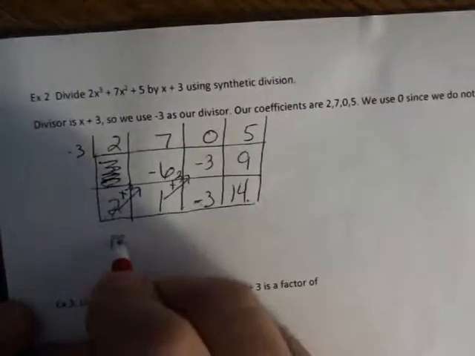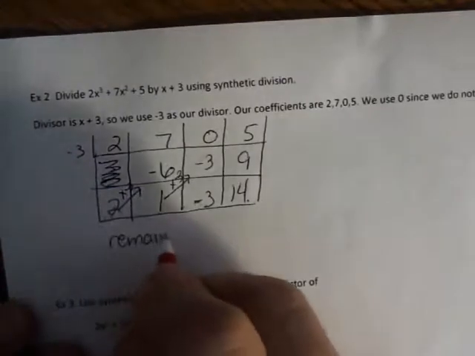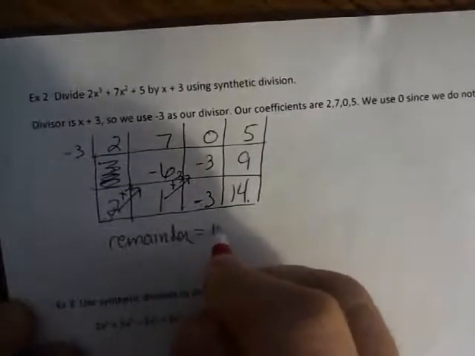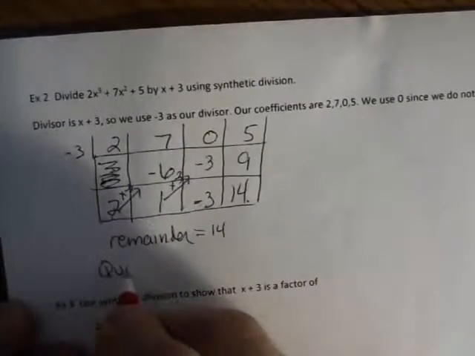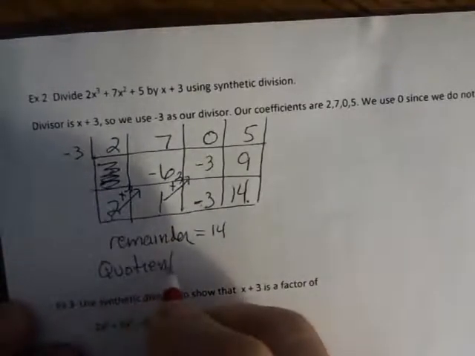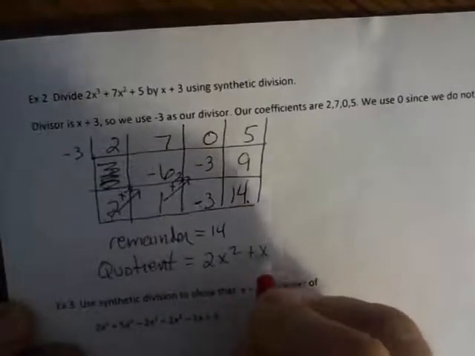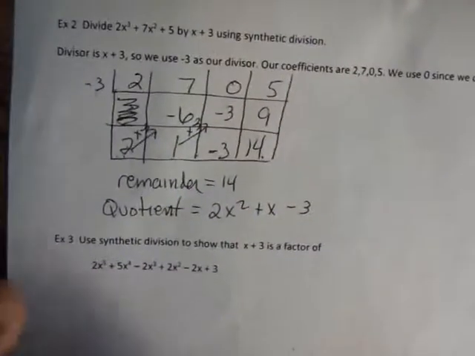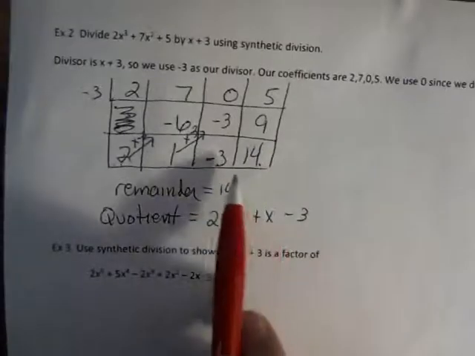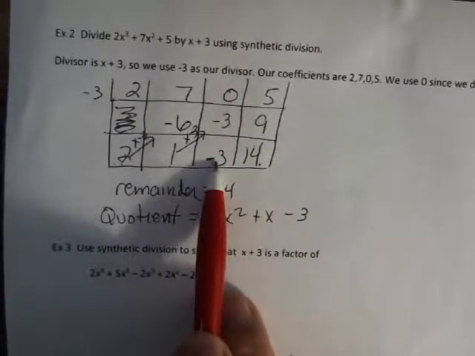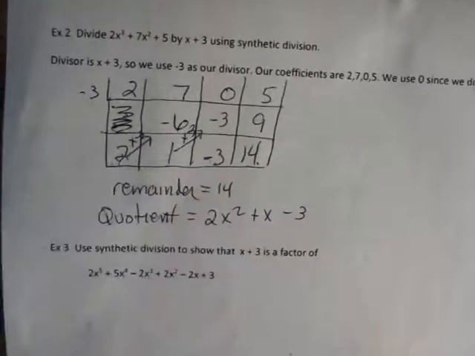So for this one here, my remainder is 14. My quotient is 2x squared plus x minus 3. So remember, remainder, constant term, coefficient of x squared.